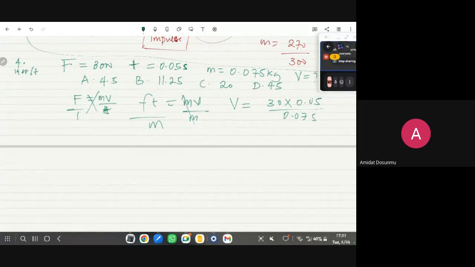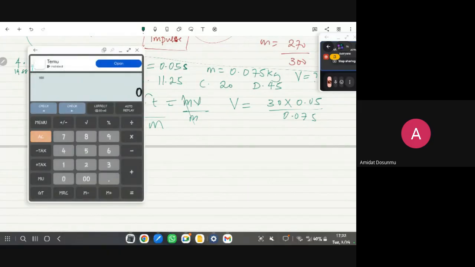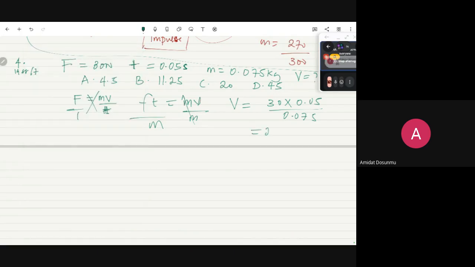So we can use the calculator: 30 times 0.05. This is the exact same calculator you are going to use, that you are going to have to minimize and be checking your screen. So you have to acclimatize to it. That's 20 meters per second, option C.